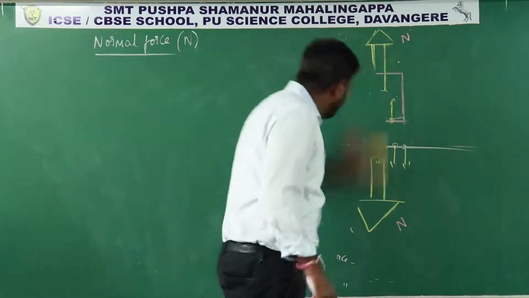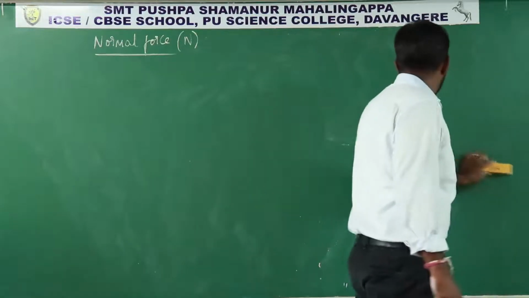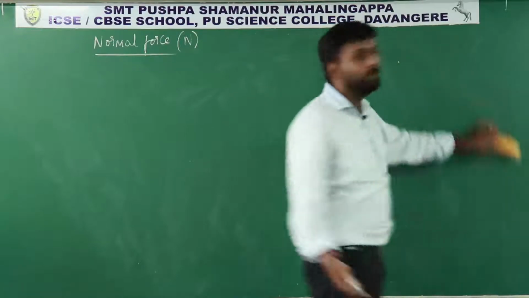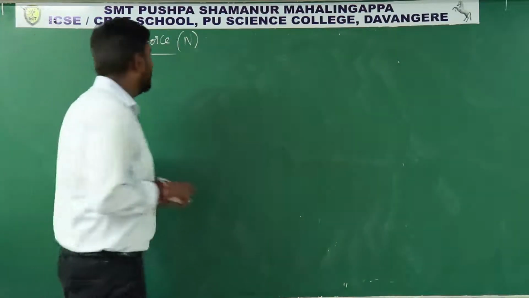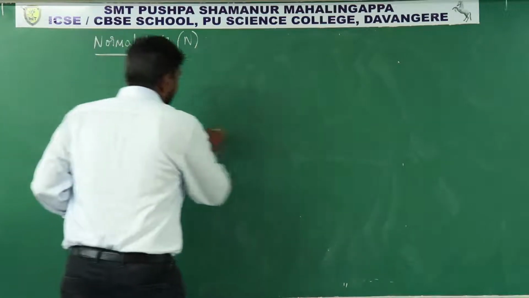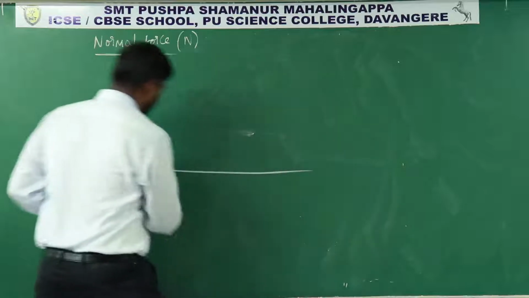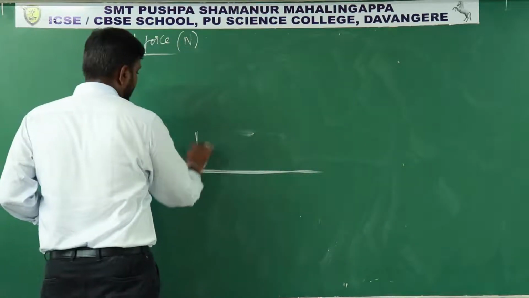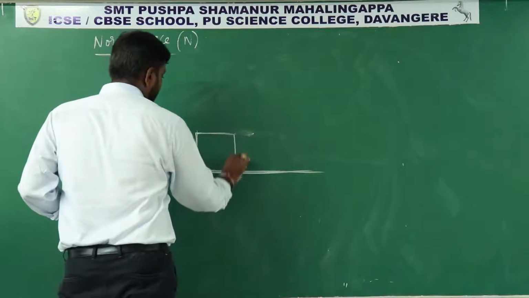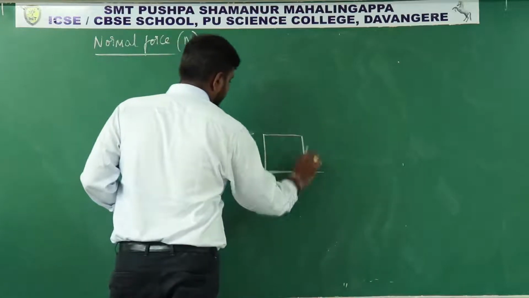Some examples I will explain to understand this normal force. Let us consider a surface, and let us say there are two blocks.